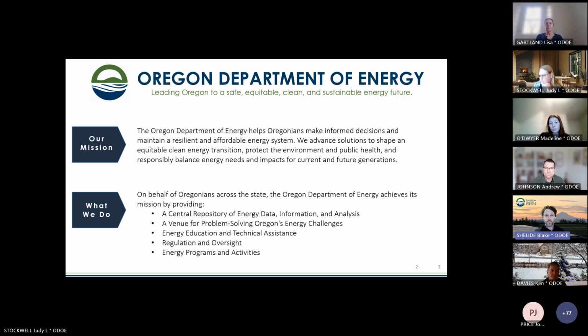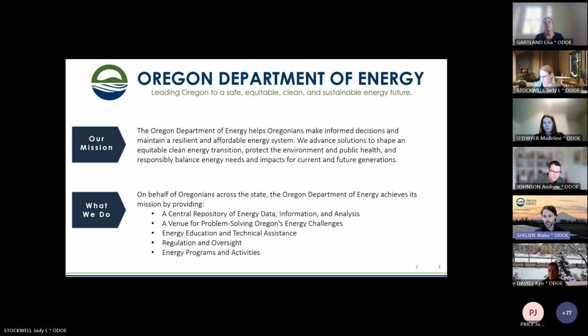We think that the BPS plays an integral role in this, helping to ensure efficient, cost-effective operational energy use for large commercial and multifamily buildings in Oregon. And we think it aligns with several of ODO's specific focus actions. It's a central repository for data. There'll be a lot of really useful energy data for commercial buildings that will be generated as a result of the program.